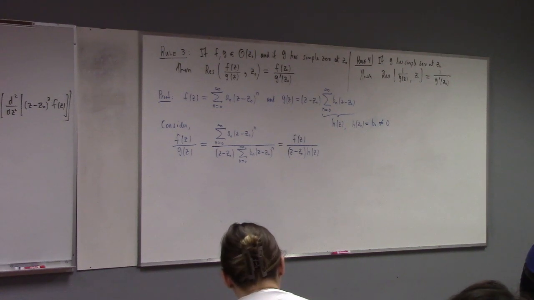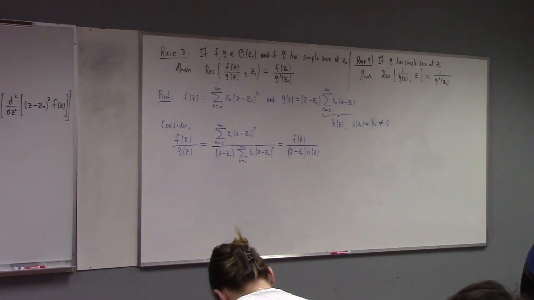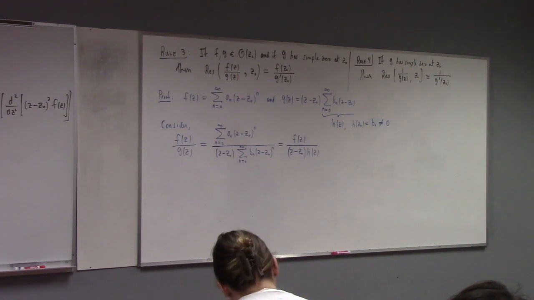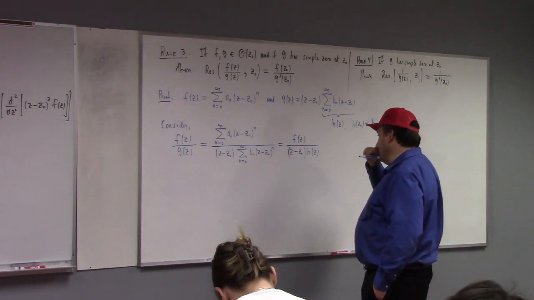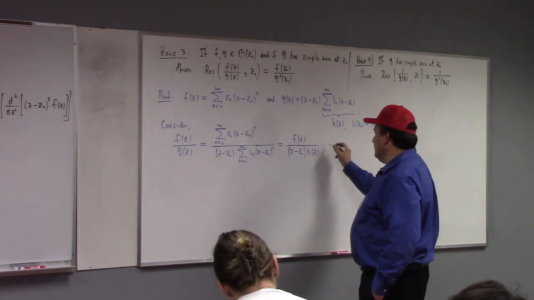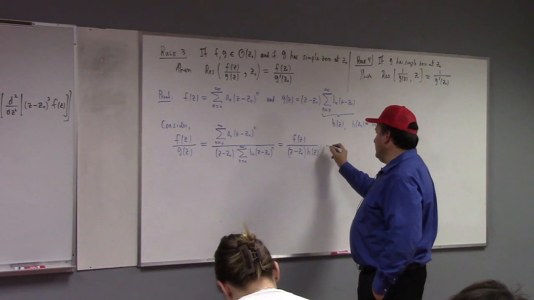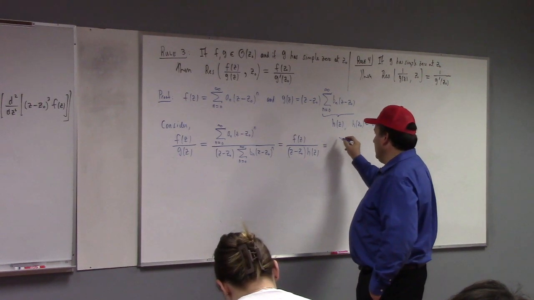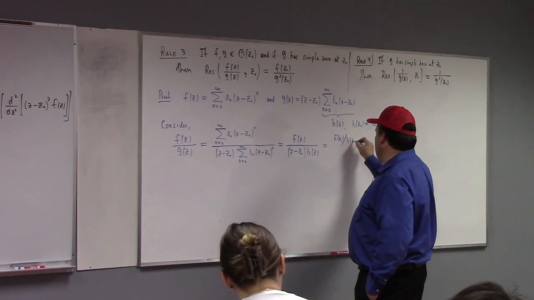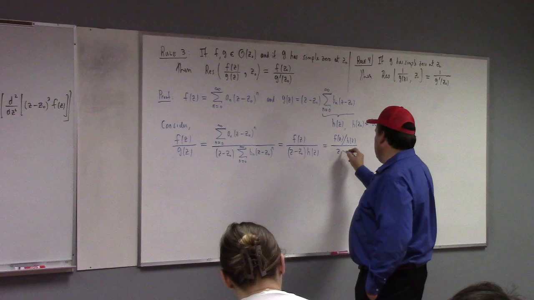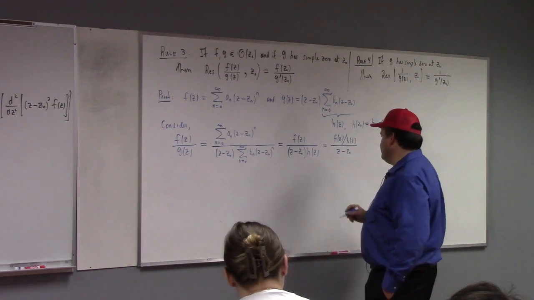My proof has two cases: either f of z naught is equal to 0, or f of z naught is not equal to 0. So, fine. If we do this, then we can rewrite this as f of z divided by h of z, divided by z minus z naught.